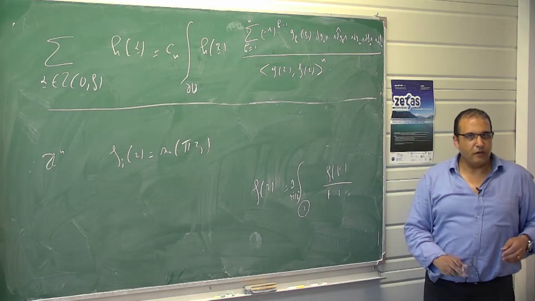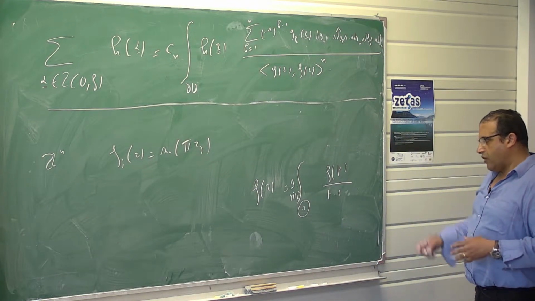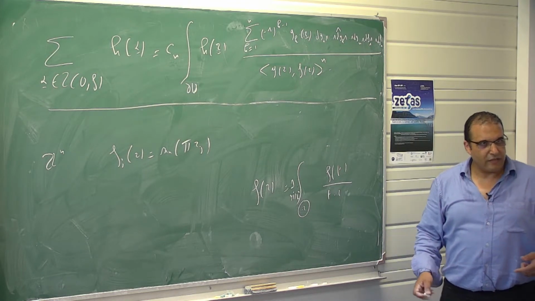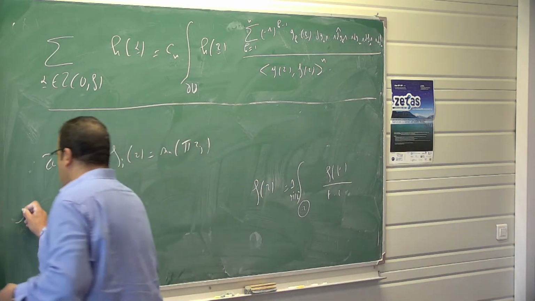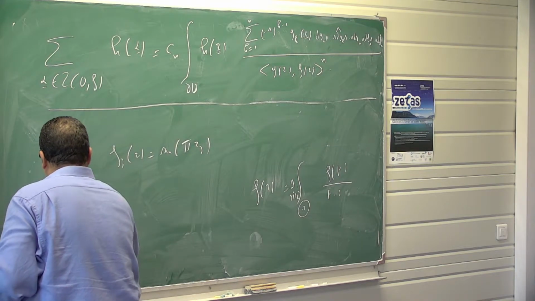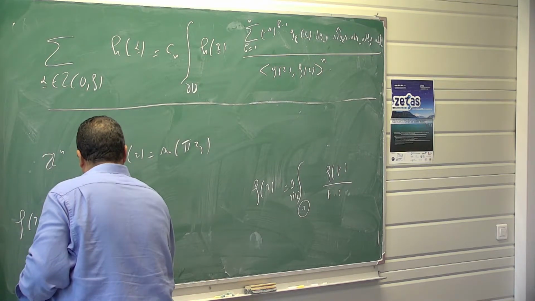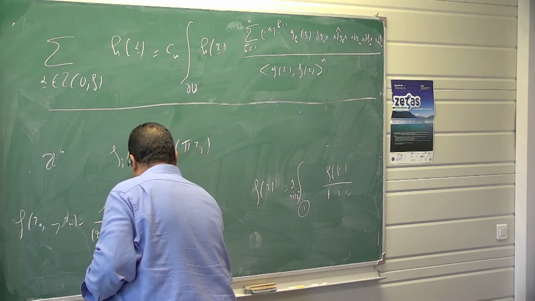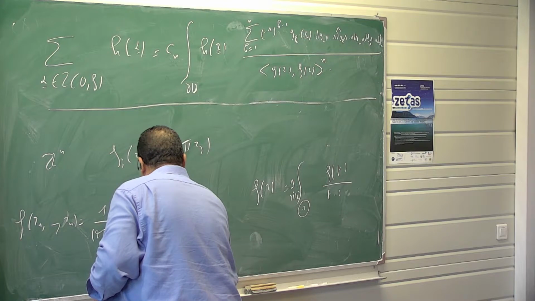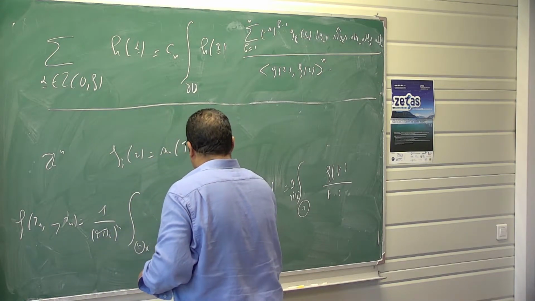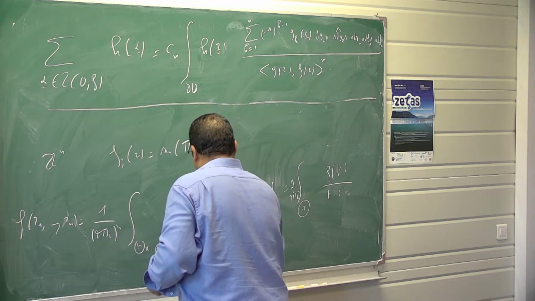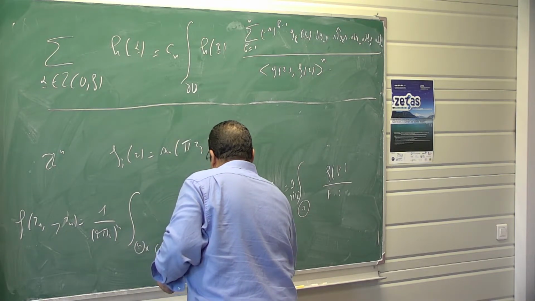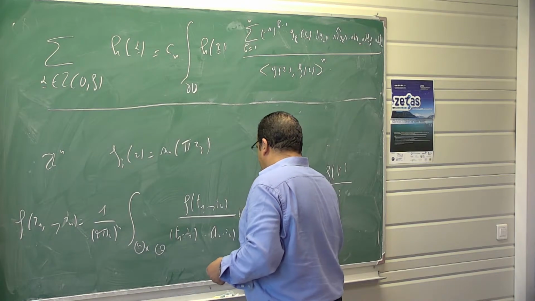And you can extend this naively to the several variable case, for example, by writing f(z1, ..., zn) equal to 1 over (2 pi i)^n, the integral on the product of cycles of f(t1, ..., tn) over (t1 minus z1)...(tn minus zn) dt.